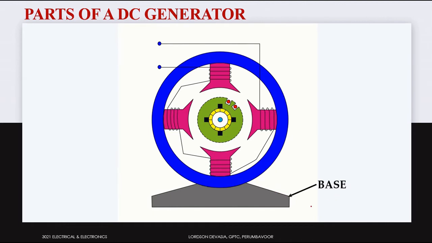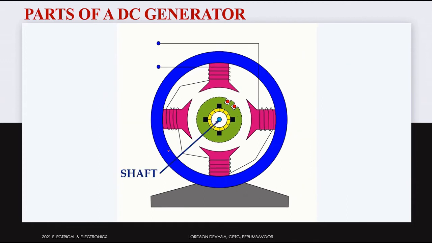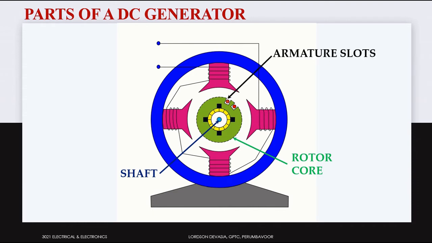The different parts: this is the base, yoke, and this is the pole, and the end portions are known as pole shoe, and this is the brush, and over the pole there is a winding known as field winding, and this is the central portion that is known as shaft, and this is the rotor core, armature, and these are armature slots.